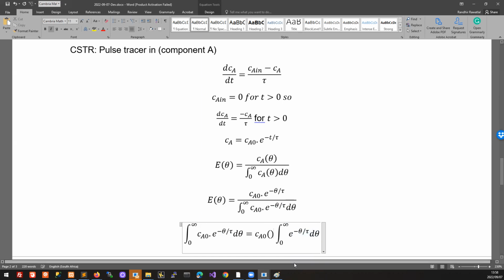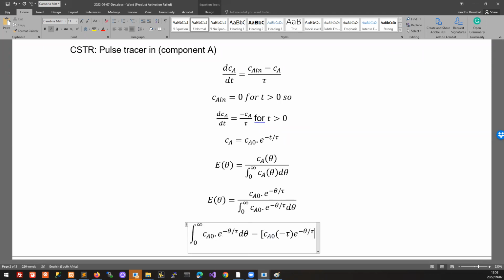So it's going to be minus tau times e to the minus theta over tau. And to just check this, differentiate it. When you differentiate it, you'll be multiplying minus 1 over tau by this. So you'll get a 1 here, and you'll get e to the minus theta over tau, which is the same as this thing. So you can confirm that's the integral.